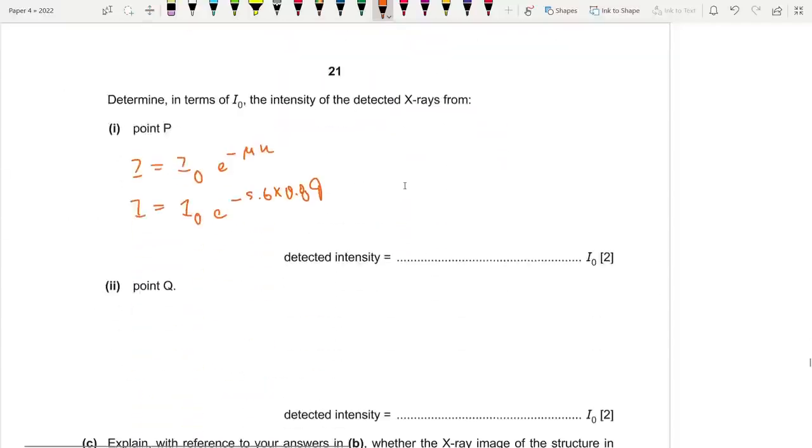E to the power minus 5.6 into 0.89, which is I by I naught. Oh, it's in terms of I naught, right? So I is equal to 6.85 into 10 to the power minus 3 times I naught. So we're going to get the answer to 2SF, obviously. Wait, 0.89 into 5.6.